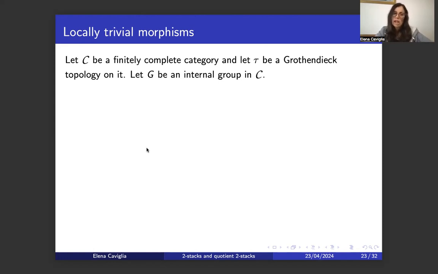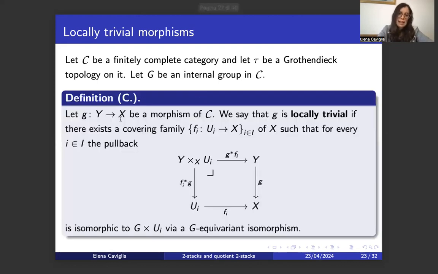But in this general case, I needed to define a notion of locally trivial morphism in the site. And the idea is that this time the topological group that we had in the definition of principal G-bundle here becomes an internal group in the category.